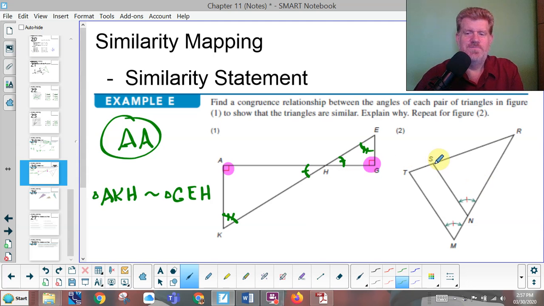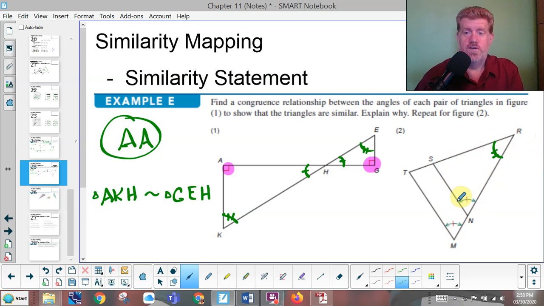These two triangles, it says that angle N and angle M are the same. Well, what do you also know about these two triangles? They share angle R. They both have angle R. So doesn't RSN have these two angles? And doesn't RTM have these two angles?